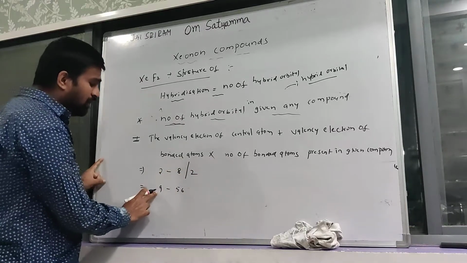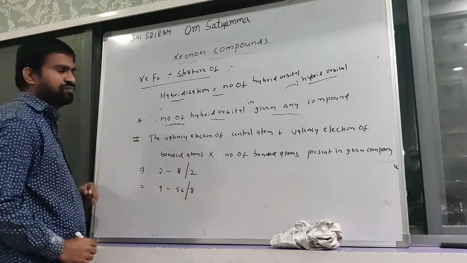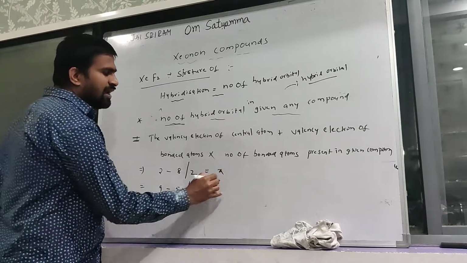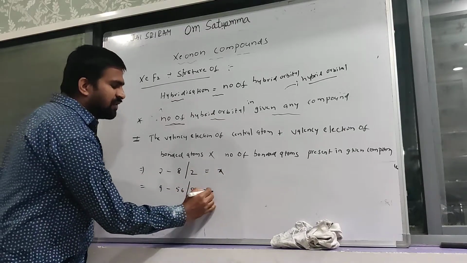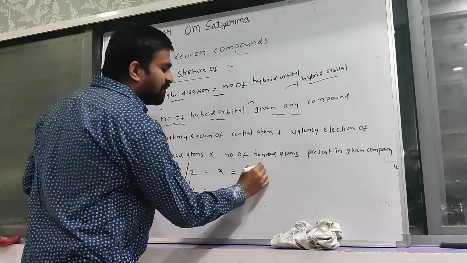If that value is between 9 to 56, divide that value by 8. After division, some value comes, and that value is equal to the number of hybrid orbitals.